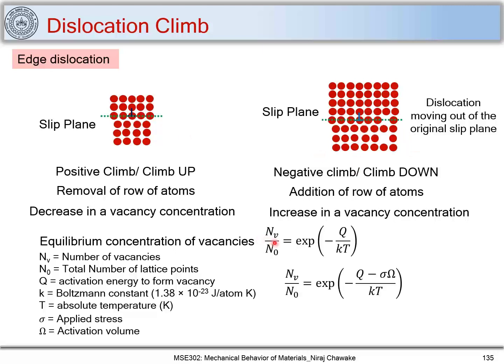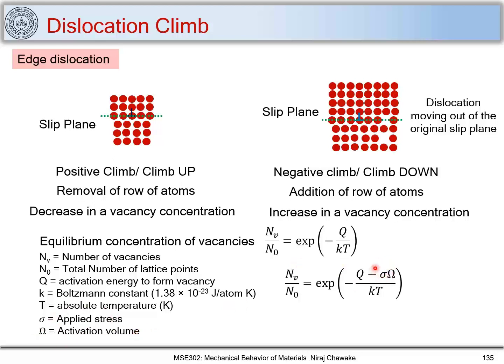You can see that this equilibrium concentration of vacancies can be affected by the application of stress. When the material is stressed at a given temperature, there will be a change in the equilibrium concentration of vacancies, where sigma is the applied stress and omega is the activation volume.